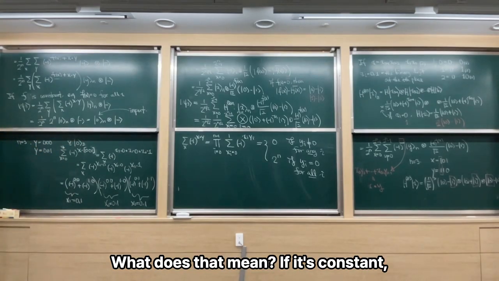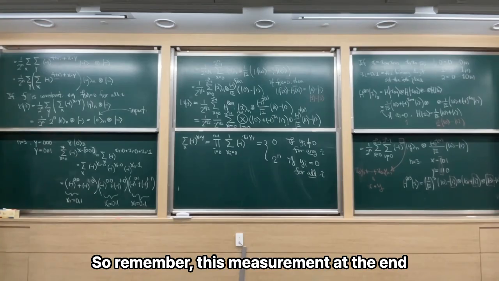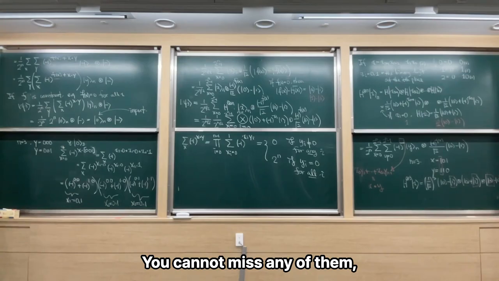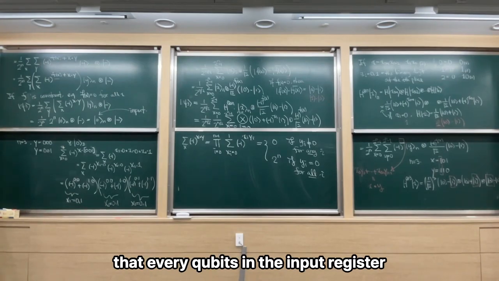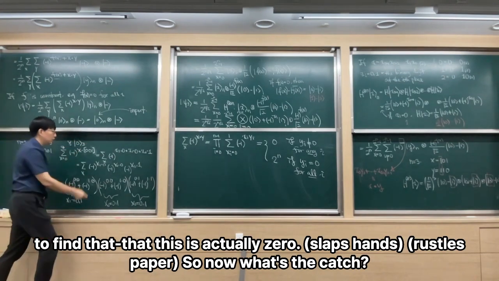If it's constant, you will always get 0 in the measurements of every n input register. So remember, this measurement at the end is you taking a measurement on n qubits, every n qubit. You cannot miss any of them. Because you need to make sure that every qubit in the input register reads as 0 to find that this is actually constant.